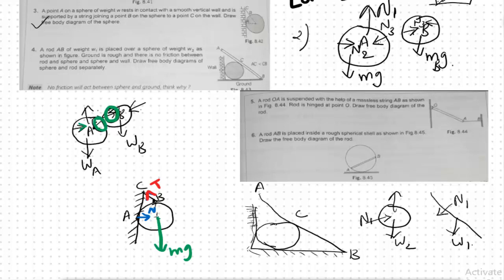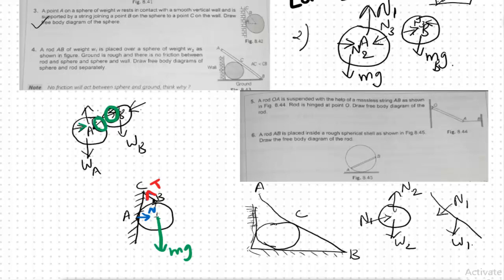And here we are getting N2, which is the reactional force. Now W1 is acting on the rod downwards. N1 is the reactional force from the sphere to the rod and the rod to the sphere, the same force.